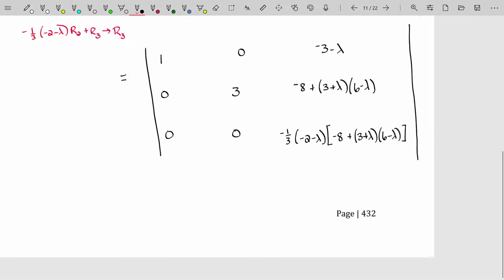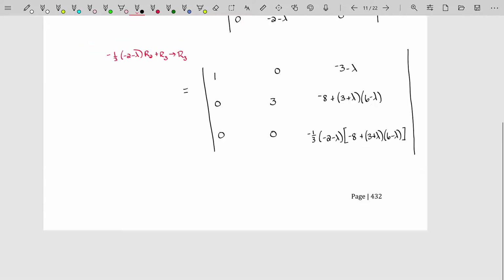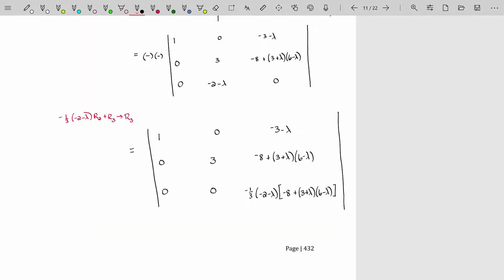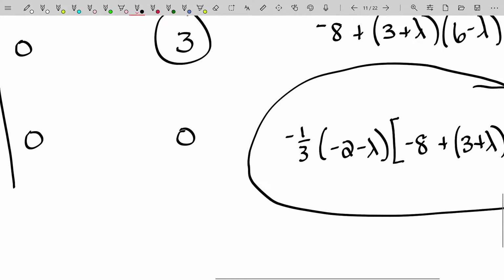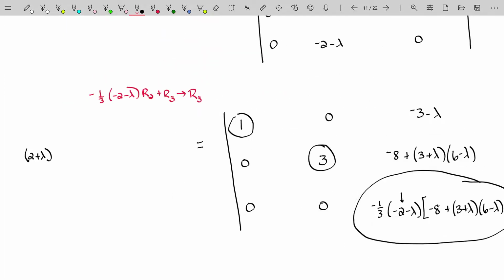Now, when you get down to this point right here, remember we have a property that says if you have a triangular matrix, the determinant is the product of the main diagonal. So the determinant of this matrix would be 1 times 3 times this mess right here. Well, we know that the 3 and the 1/3 will cancel. The negative I'm just going to distribute into this so that we could see this determinant will be the following.